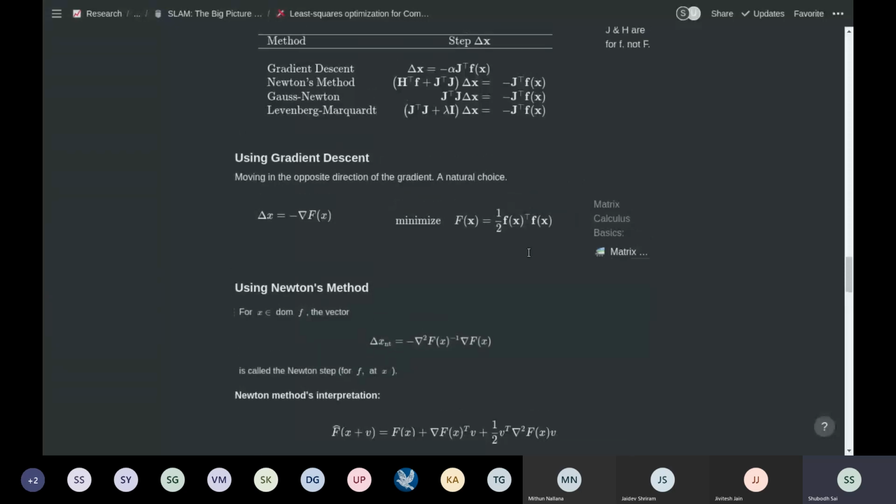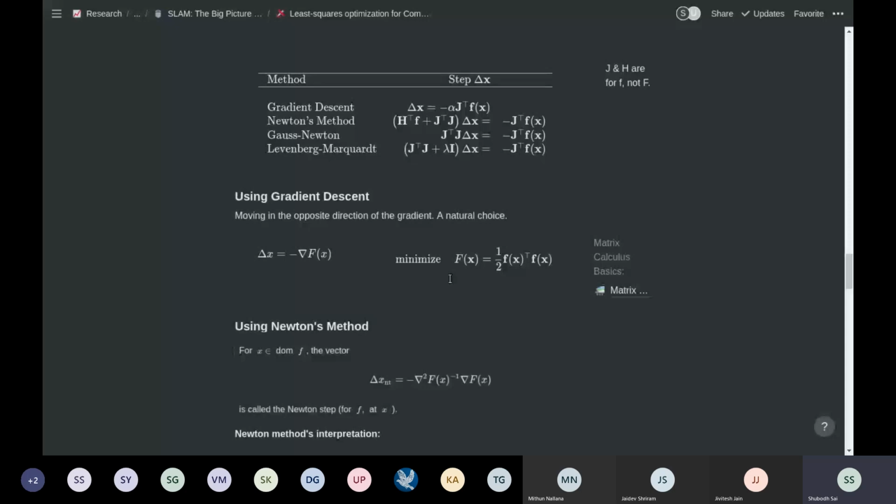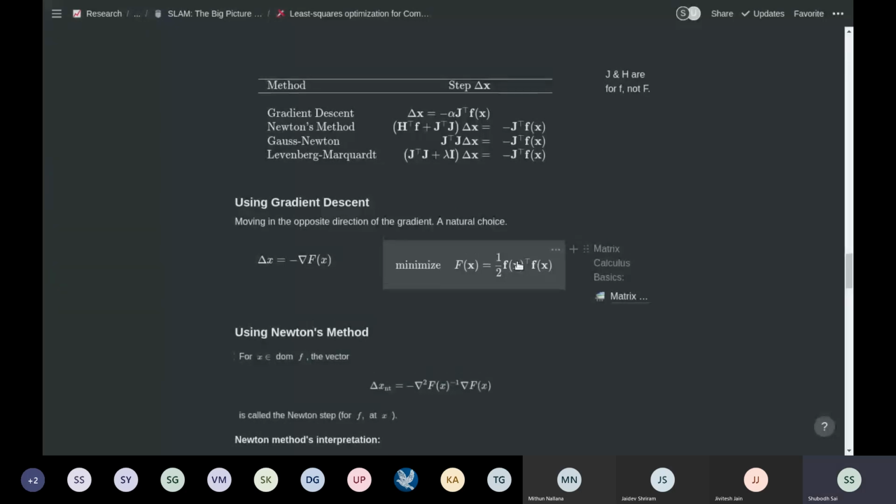What was given was the original function, and because it's convenient, I'm taking the least square of it and ending up with this capital F function.